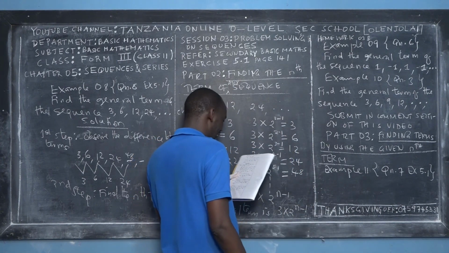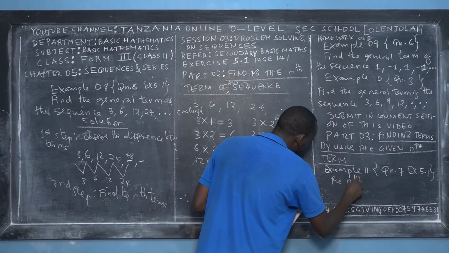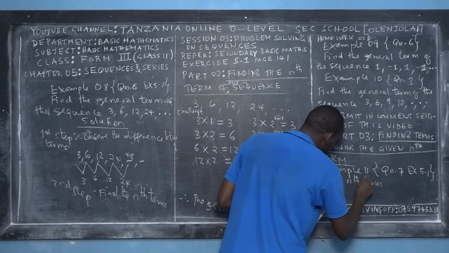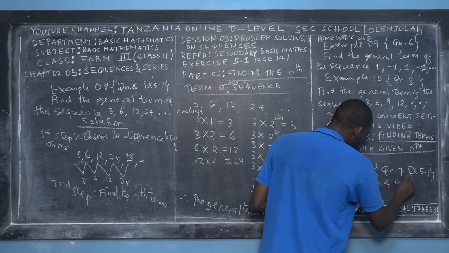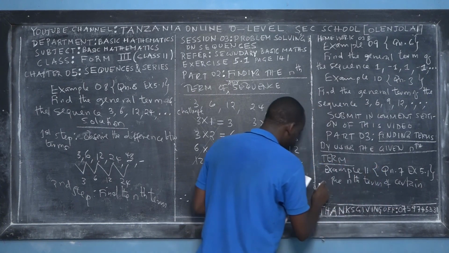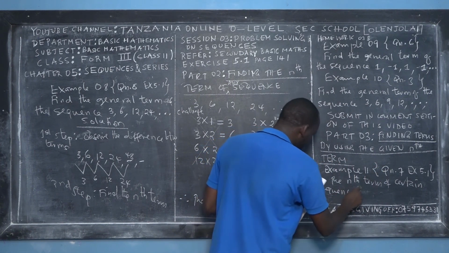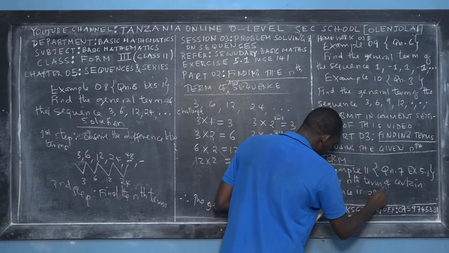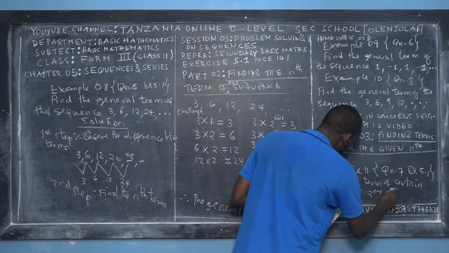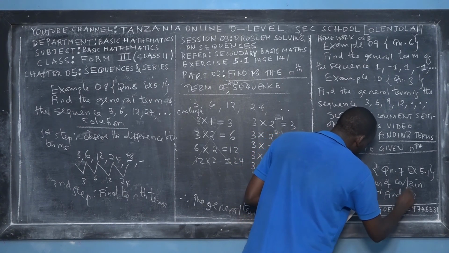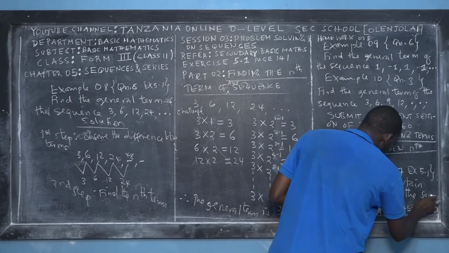The question asks: the n-th term of a certain sequence is 2^n minus 1. Find the sum of the first 3 terms.